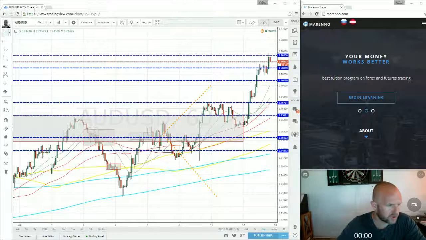0.8 will be my stop loss. Or let me check. No, too much. 0.7775 is a stop loss level. Sorry about my mistake.